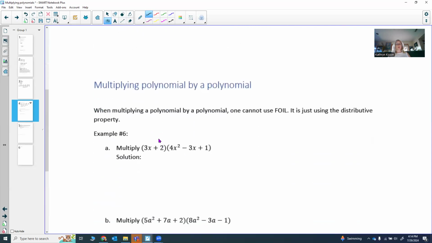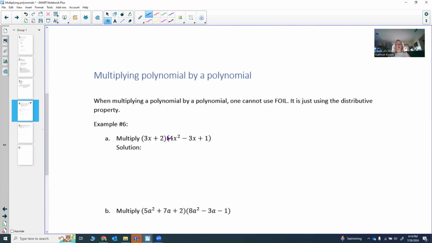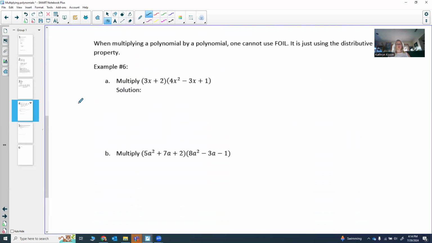Multiplying a polynomial by a polynomial. When multiplying a polynomial by a polynomial, one cannot use FOIL. It's just using the distributive property. So example number 6, I want to multiply 3x plus 2 times 4x squared minus 3x plus 1.